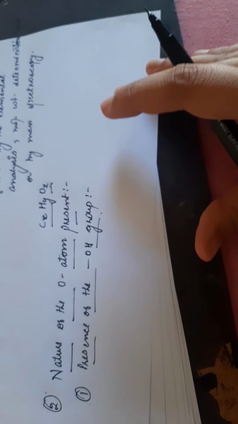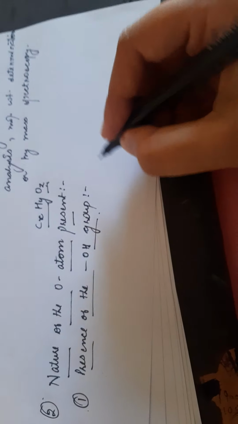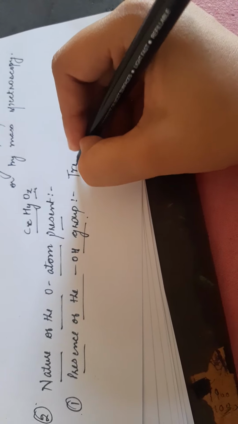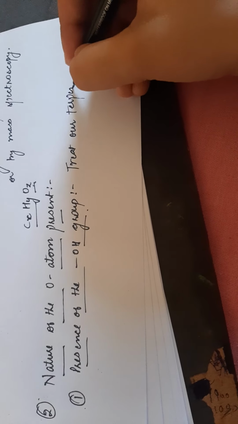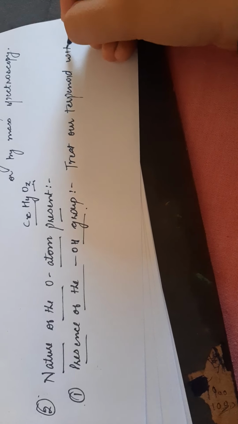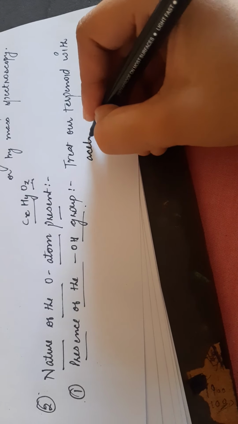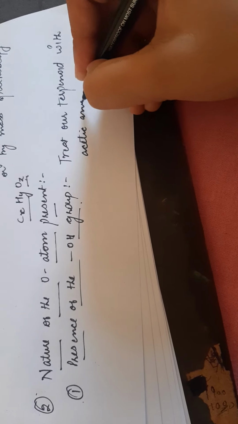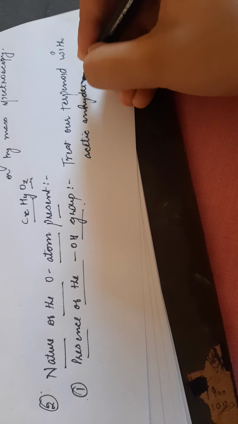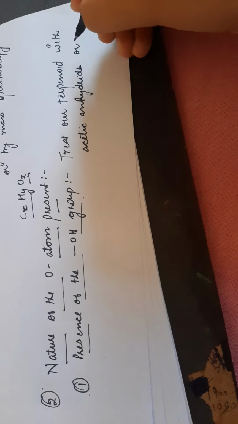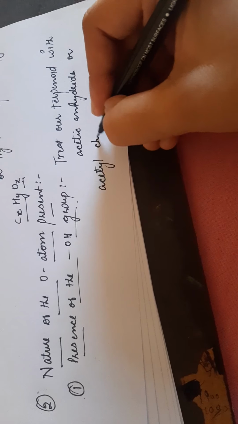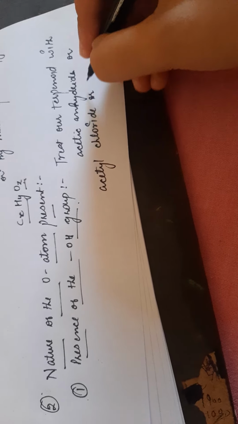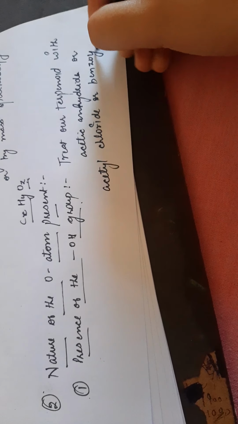To test the presence of hydroxyl group, we will treat our terpenoid with acetic anhydride or acetyl chloride or benzoyl chloride.